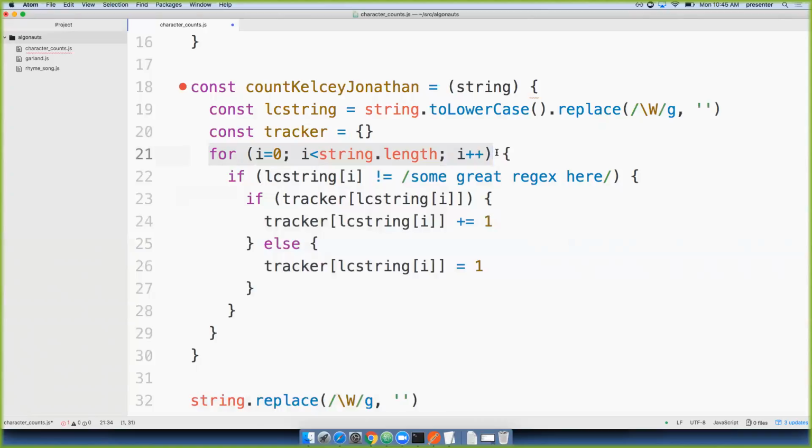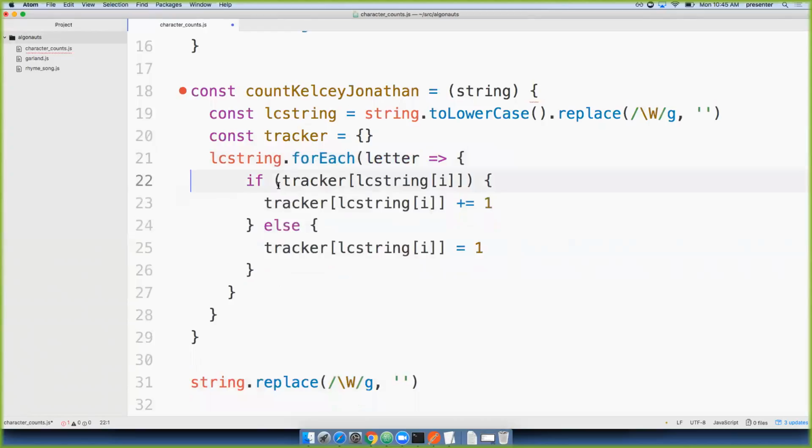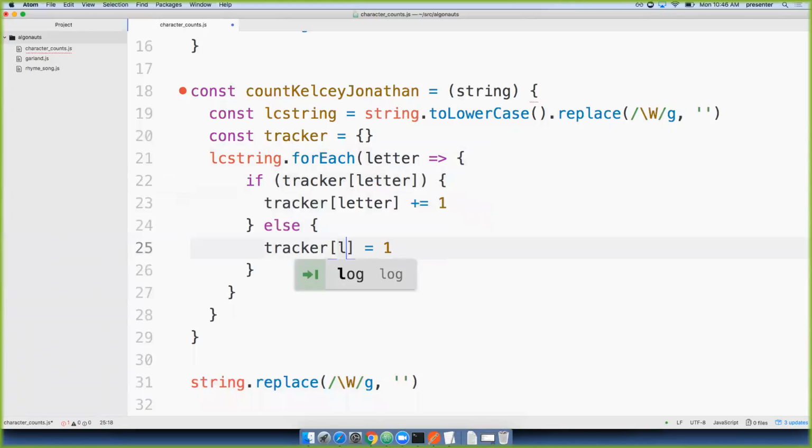But let's do lc string dot for each letter, and then we can just say if tracker letter, then tracker letter plus 1, otherwise.